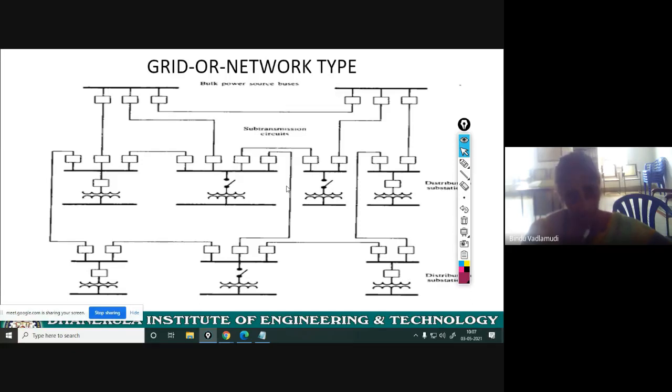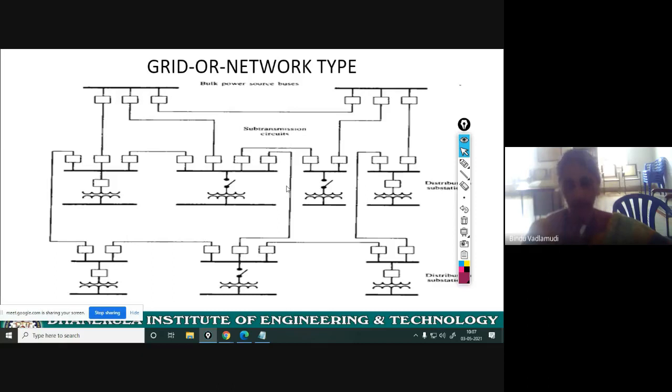At the same time, it covers a number of service areas. Such a type of arrangement is called a grid or network type of arrangement. If you observe this type of arrangement, is it similar to the radial system or not?